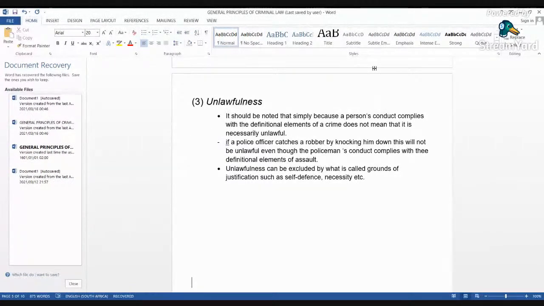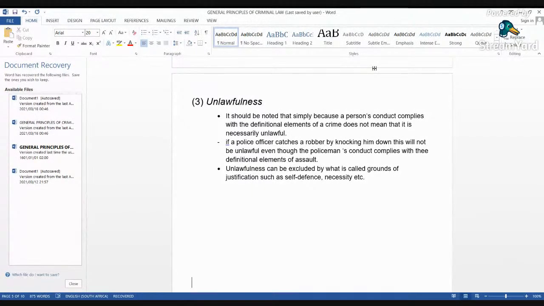Let me explain that again. Unlawfulness will be excluded by grounds of justification, and grounds of justification are legally sound reasons that a person may rely on for why he or she acted in such a manner, so that his or her conduct will not be illegal.